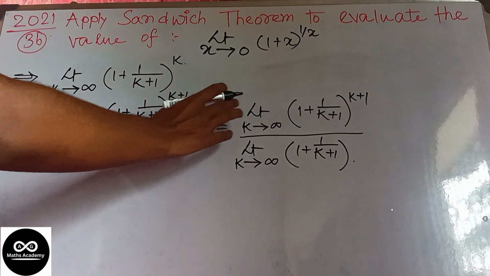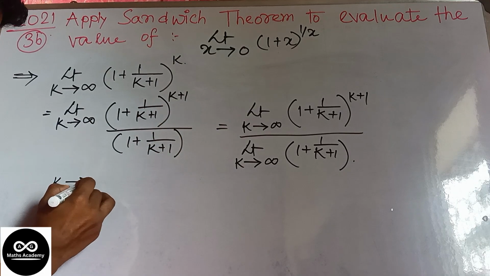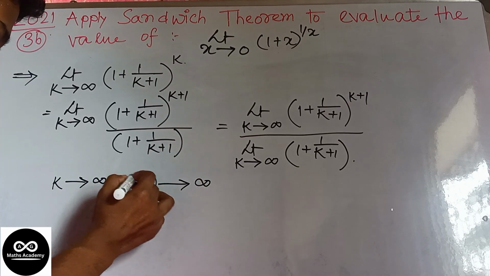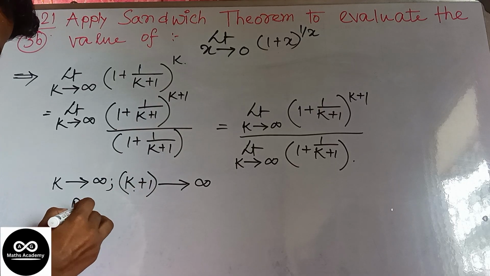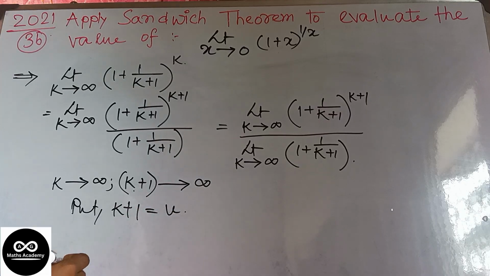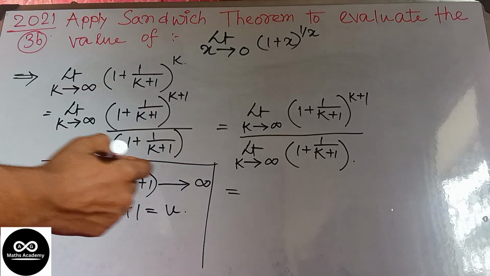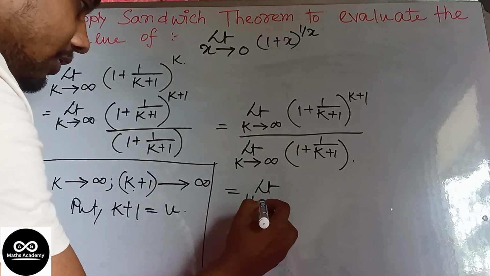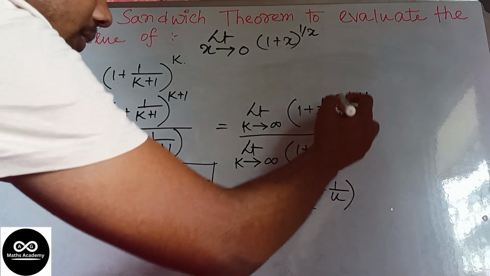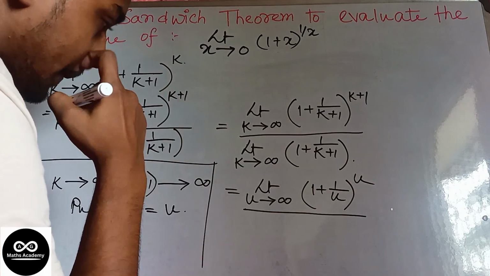For the upper portion, as k tends to infinity, k plus 1 also tends to infinity. So if we put k plus 1 as u, this limit will be the limit as u tends to infinity of (1 plus 1 by u) to the power u.